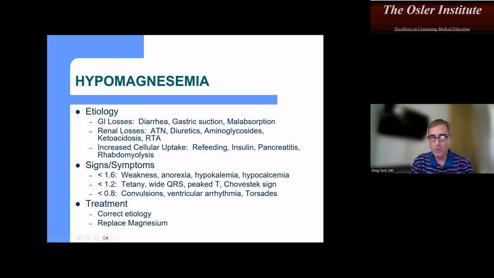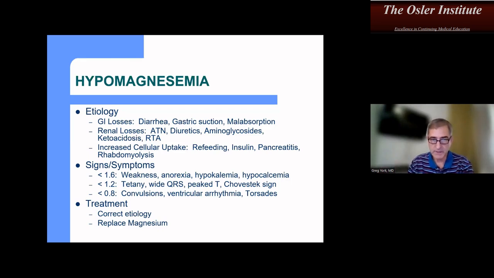On the other hand, hypomagnesemia can come through, again, GI losses, cellular uptake issues, renal losses. And the signs and symptoms are going to be very similar to hypocalcemia. Because remember, hypomagnesemic conditions suppress PTH release and cause hypocalcemia.